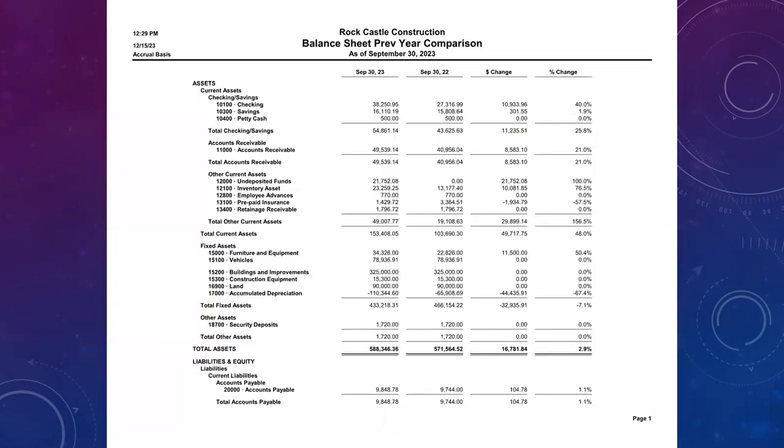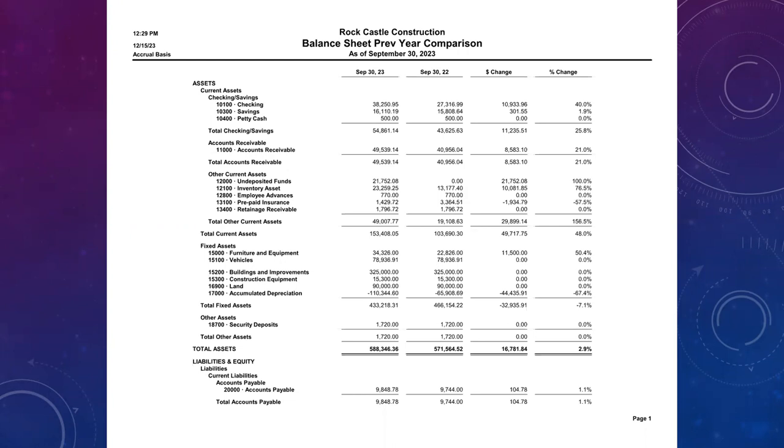The first one is the balance sheet. I always like to pull up the option that says Balance Sheet Previous Year Comparison. You can take a look at this year up to date and compare it to last year at the same exact time. Then you can scroll through and see, are you operating better or worse?